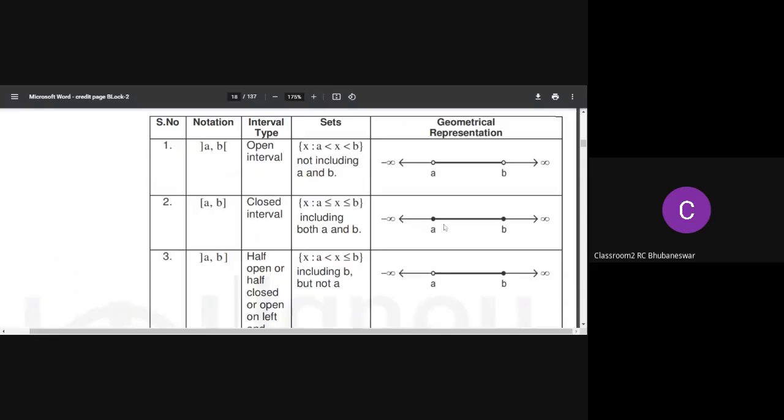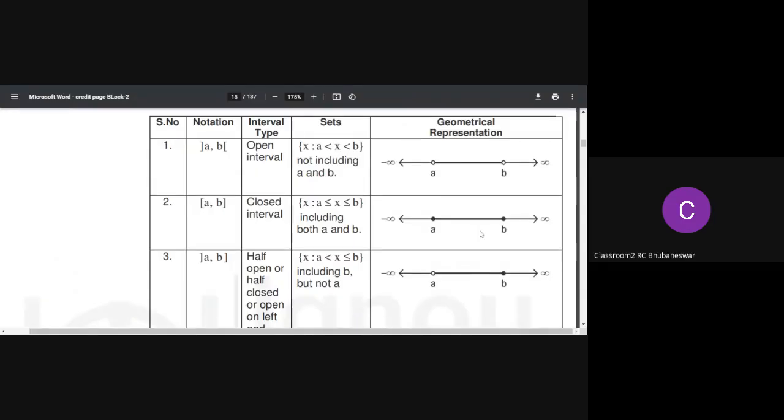Now in 2, we can represent a closed interval, and in a closed interval the brackets are towards the inside, towards a and towards b. Whenever we find this kind of expression, it is a closed interval, and we can conclude that this closed interval is a set containing all the elements x such that x lies between the values a and b, as well as containing both the points a and b.